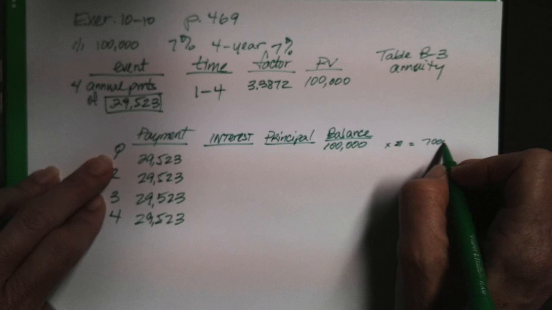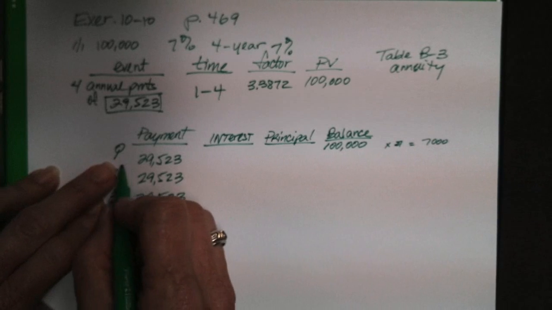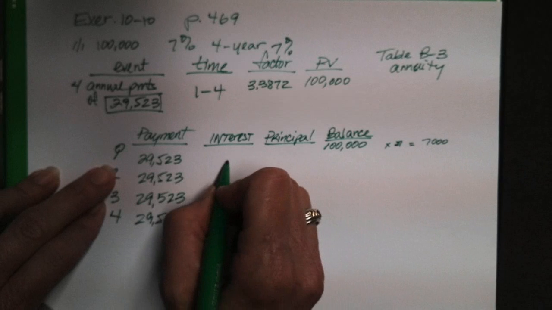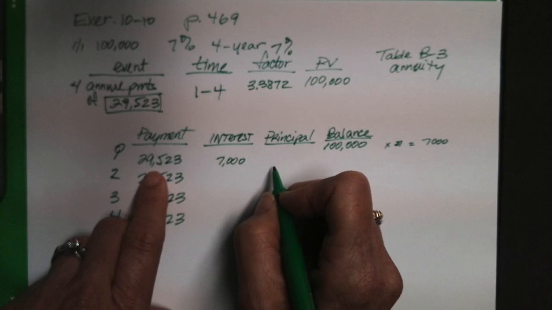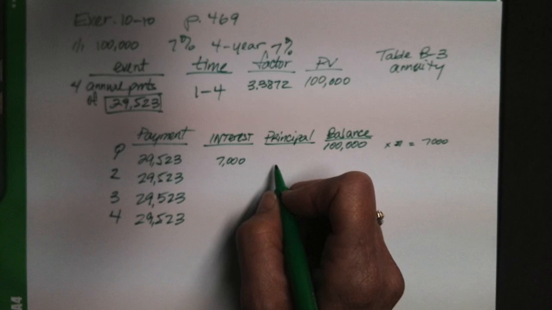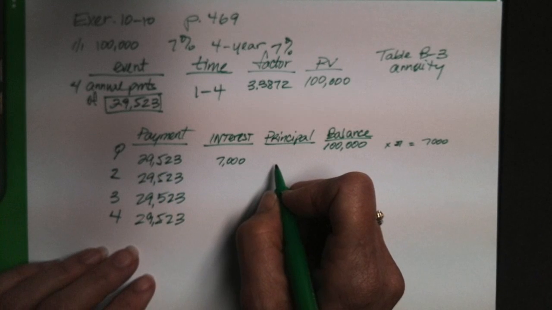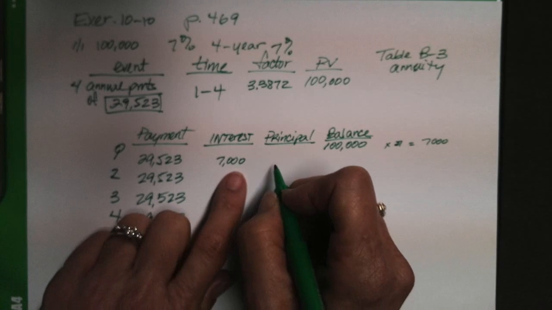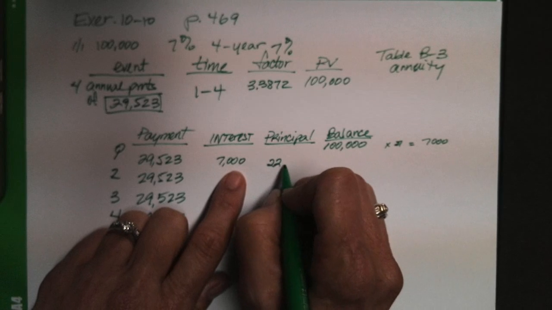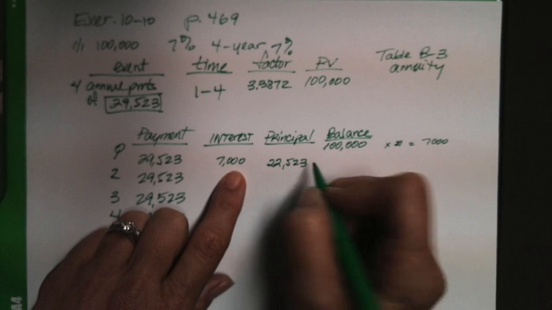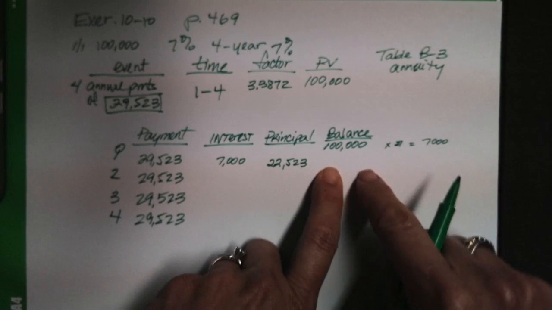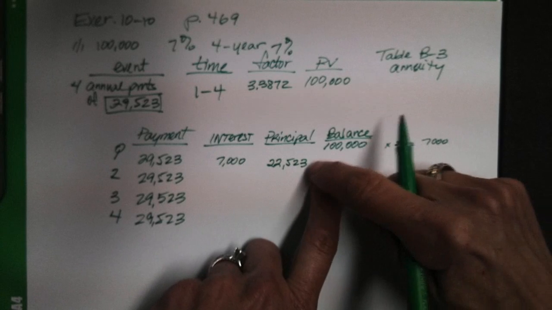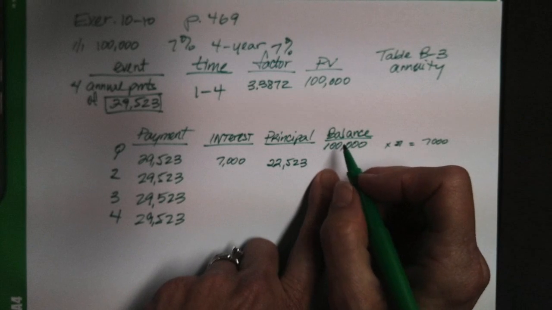That's easy, I can do that without a calculator: $7,000. So this first year payment has $7,000 of interest in it, which means that out of this $29,523, $22,523 gets applied to principal. The ending balance of the loan after this payment is $100,000 minus $22,523.